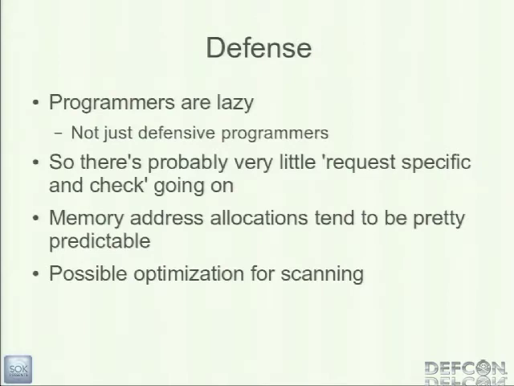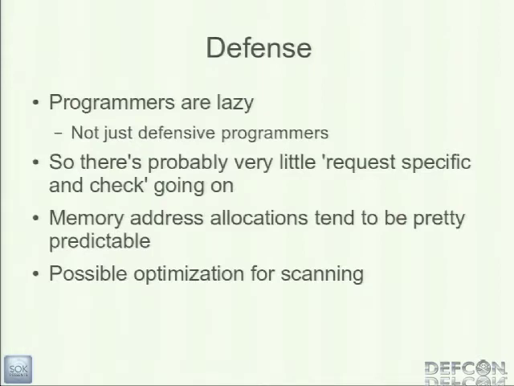Now, on the defensive side, programmers are lazy, yes, but it's not just defensive programmers, it's offensive programmers too. A perfect example is I threw this code together in about a week, and it's very procedural and not awesome as a stellar code example. So there's very little request-specific checking going on with most exploitation frameworks.